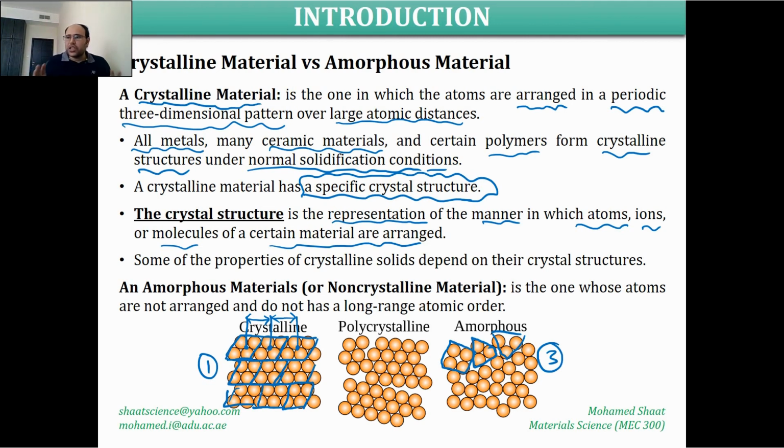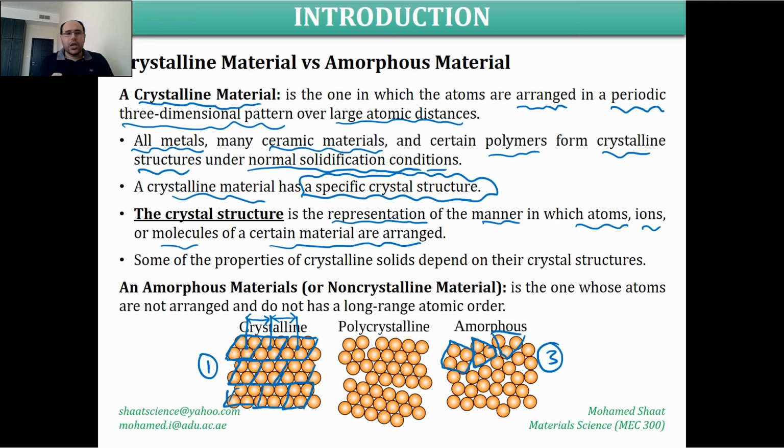So the crystal structure is the representation of how we are arranging atoms inside the material. This is what the crystal structure means. All crystalline materials have a specific crystal structure. Every material has its own crystal structure. It could be identical to the crystal structure of another material, that is fine, but it is also something we can use to distinguish one material from another.